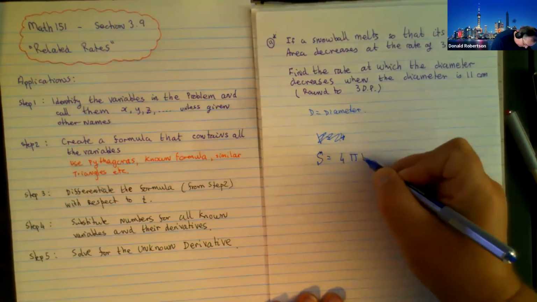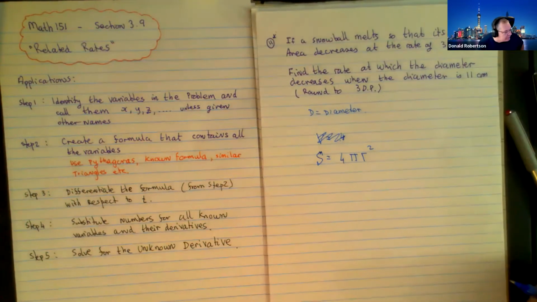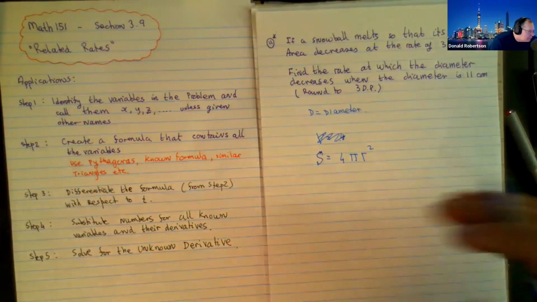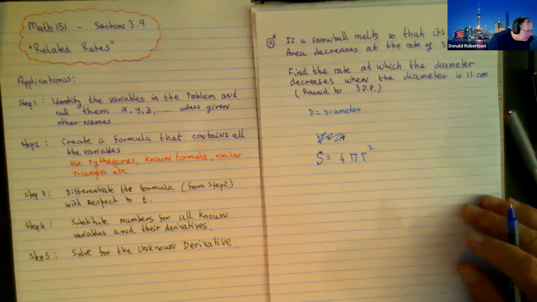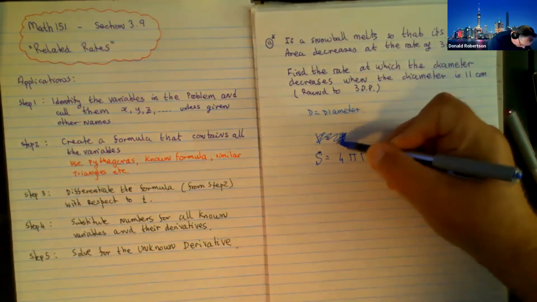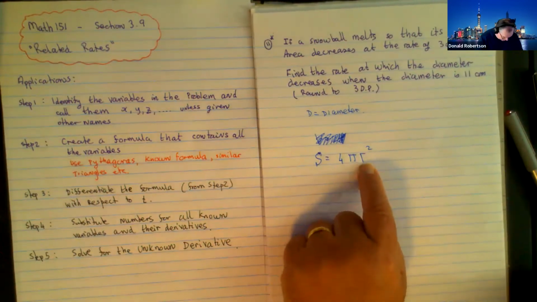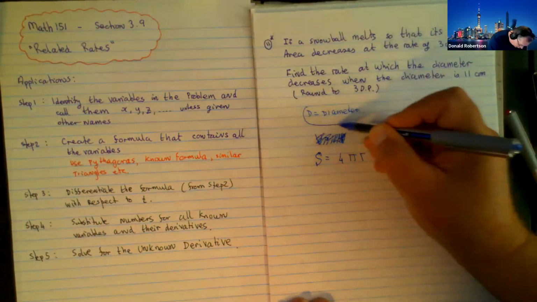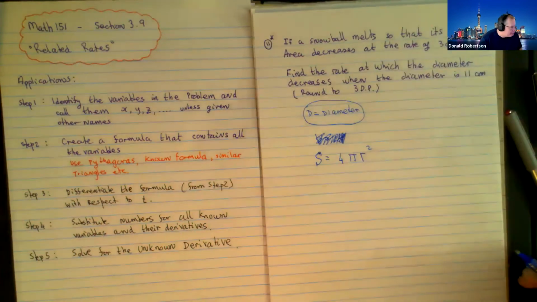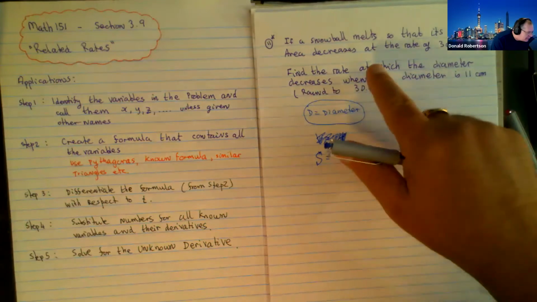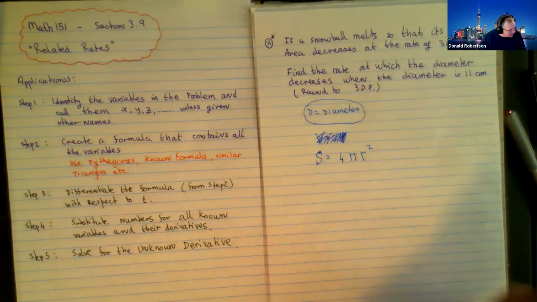It's 4 pi r squared. And in an exam, I would tell you it was 4 pi r squared, but you would, in your homework, go hunting for it, right? And that's a problem, because that formula doesn't use diameter. And since this is in terms of diameter, I need my formula to have D in it.